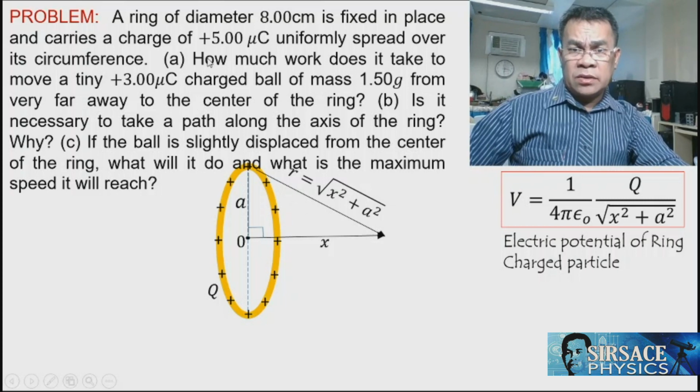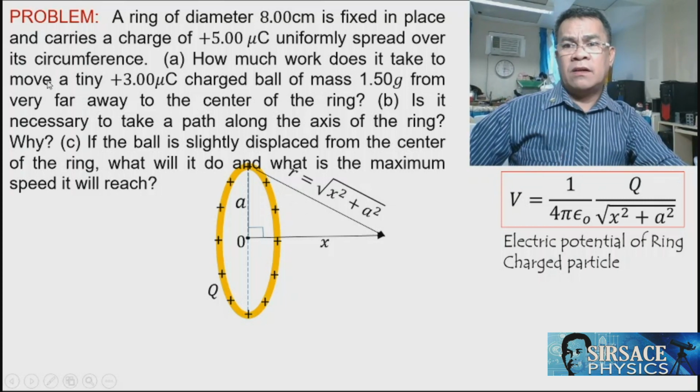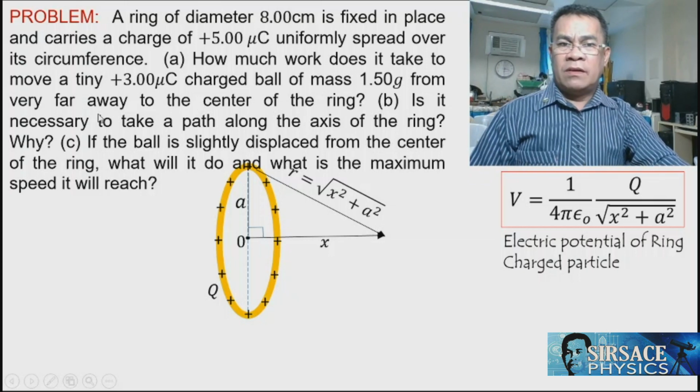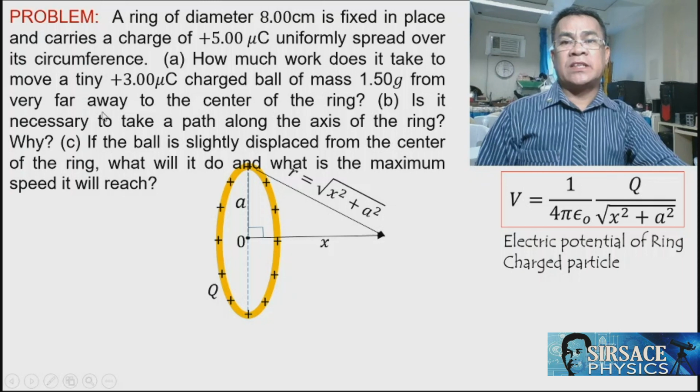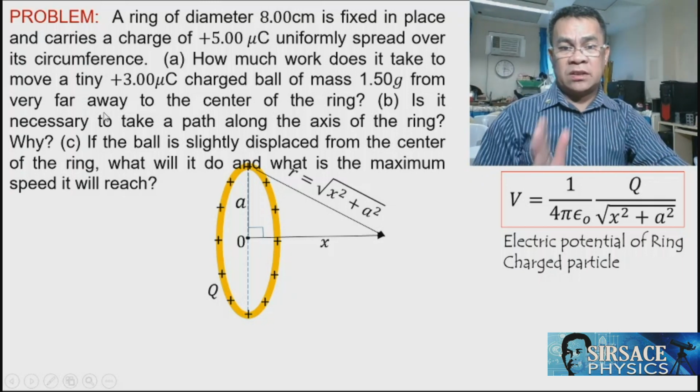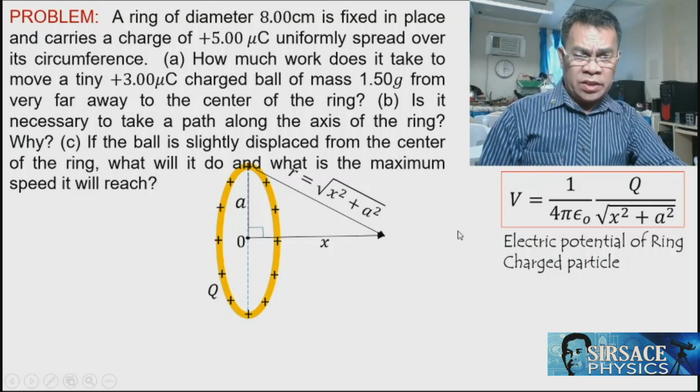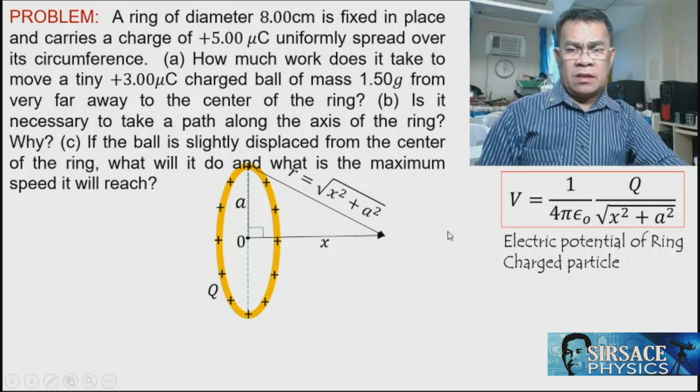Take note that the problem is how much work does it take for a tiny charged ball to move from a far away distance to the center of the ring. So, we have to locate points here. One point is the final point.